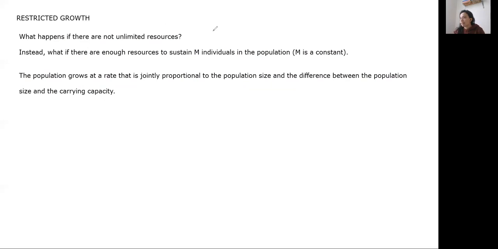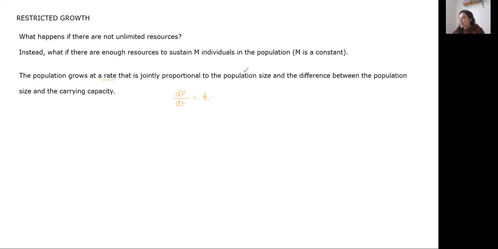If I write that fancy sentence in terms of math, the population grows at a rate, so that means derivative. The derivative of the population with respect to time, or the rate at which the population is changing with respect to time, is jointly proportional. So it's proportional, meaning there's some constant k multiplying this, and it's jointly proportional to two things.